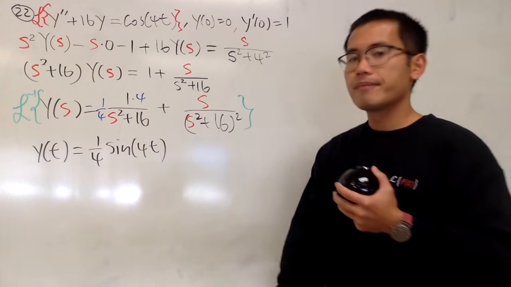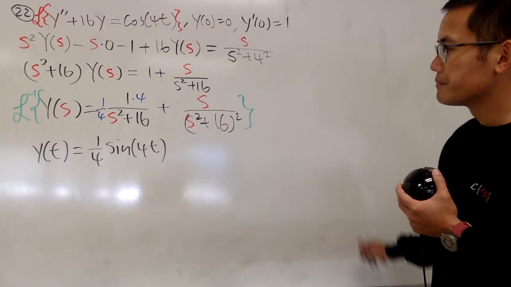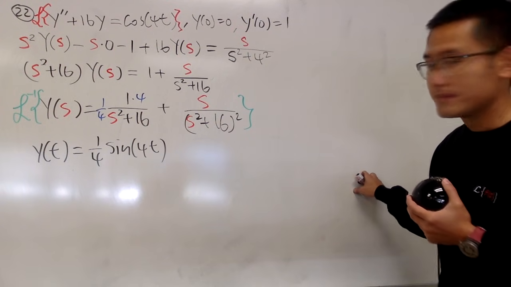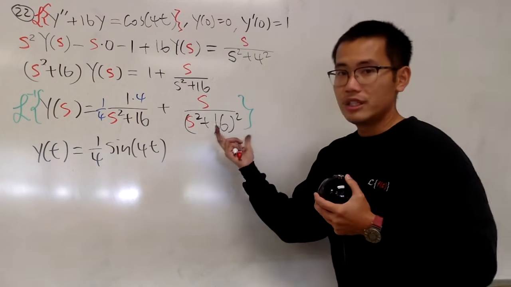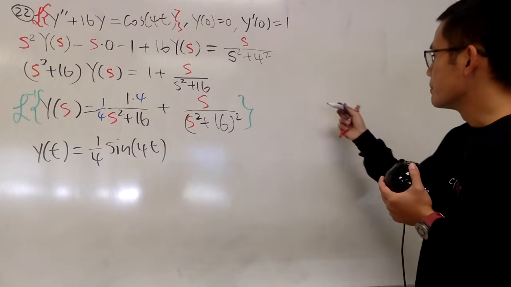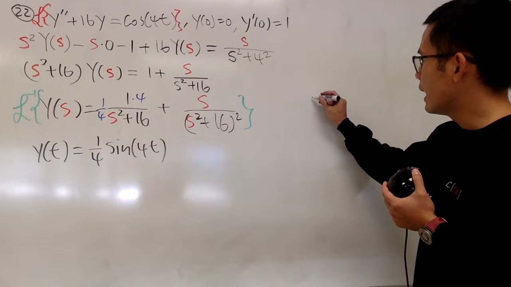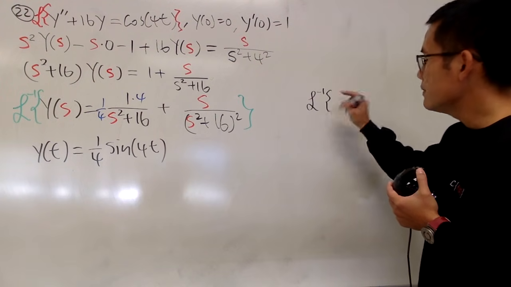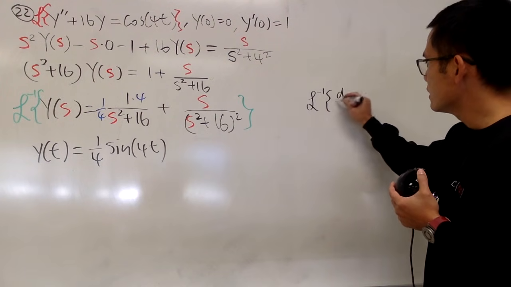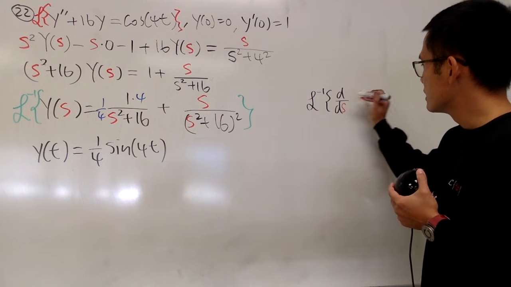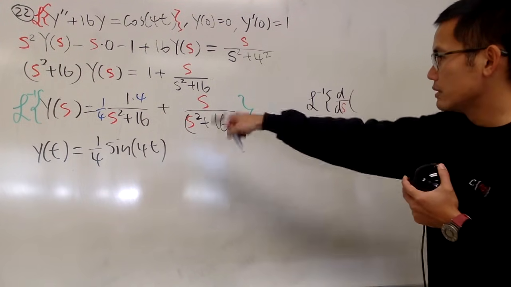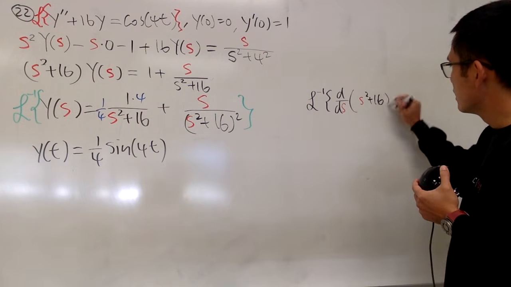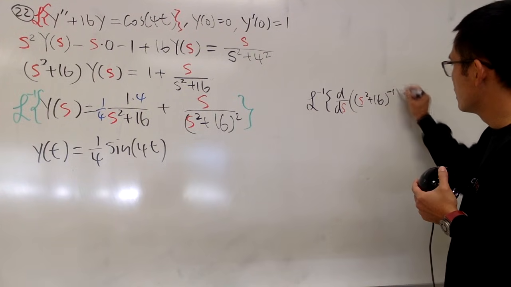Very good stuff, yeah? Now, for this one though, you have to do the things that we did. The derivative of this will actually give you something like that, so check this out. If you have the Laplace inverse, if you differentiate this with respect to s of that, which is s squared plus 16 to the negative 1, right?